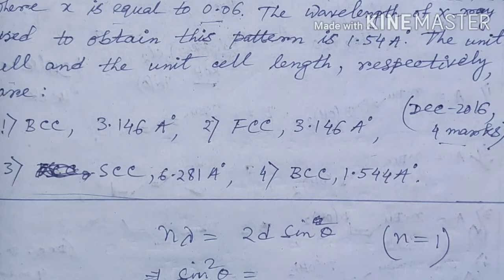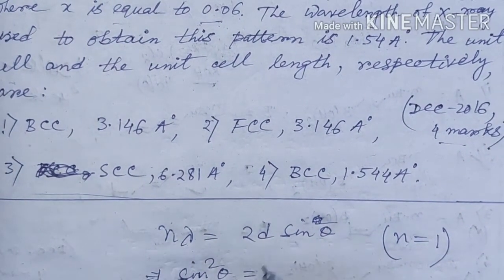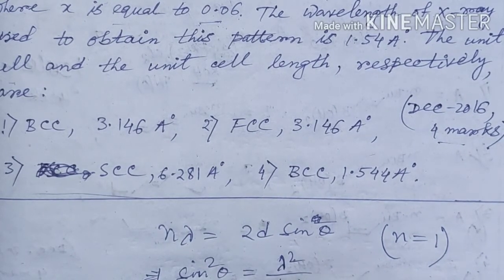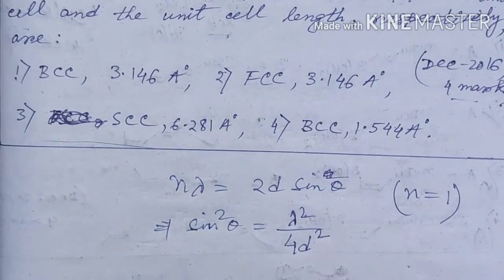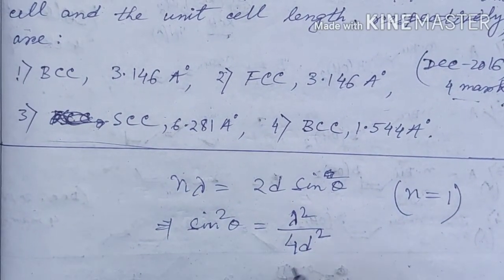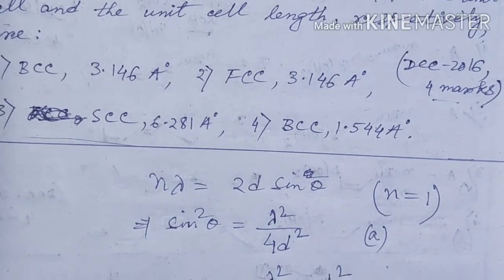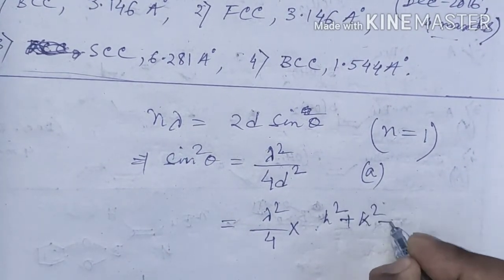So the sin square theta value will be lambda square divided by 4d square, and we can transform this term 1 by d square using the formula of interplanar distance like this.